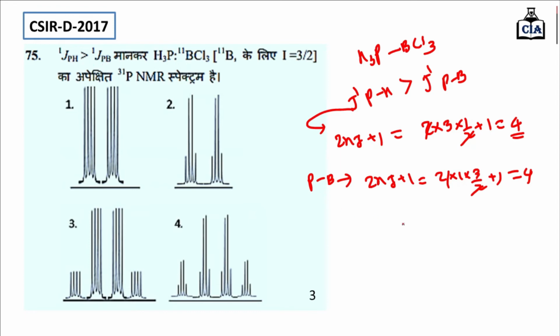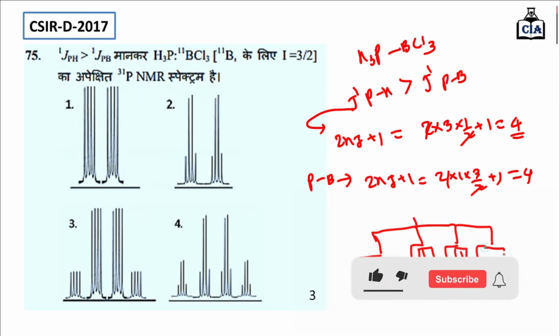This implies that first there is splitting due to phosphorus hydrogen coupling, so it will give a quartet. Next, the splitting due to phosphorus boron coupling will also give a quartet, so the signal will be a quartet of quartets. Only option C has this quartet of quartets, so option third is the correct answer.